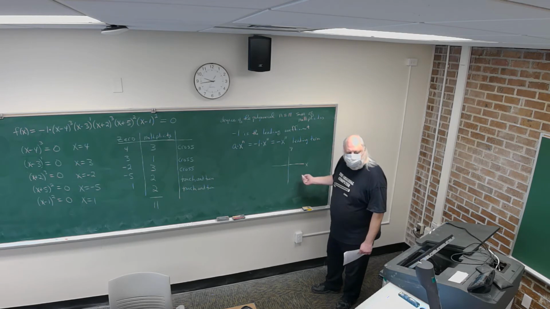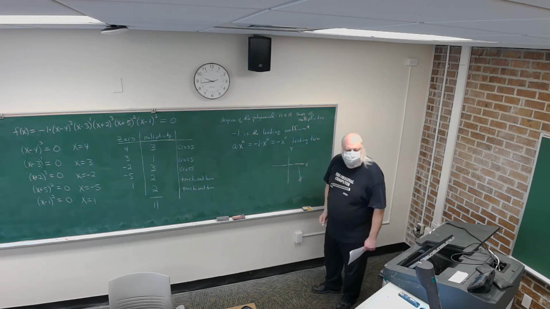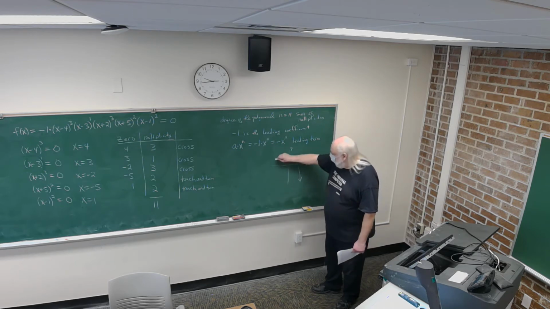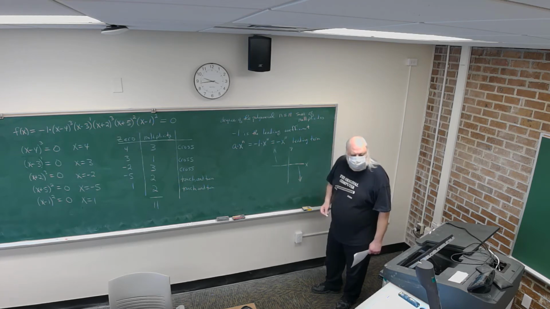Is the graph going to go up, or is it going to go down? It's going to go down. What about the left end? It's going to go up. Okay. So we covered all that on page 1. That's Friday before spring break.